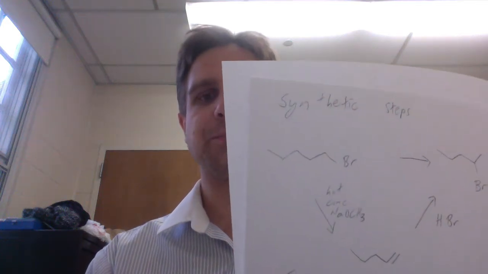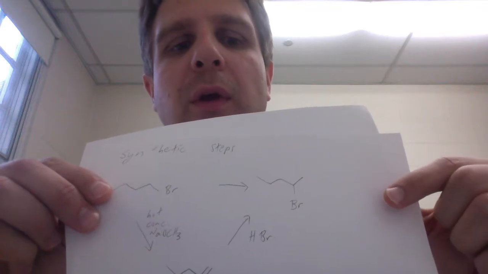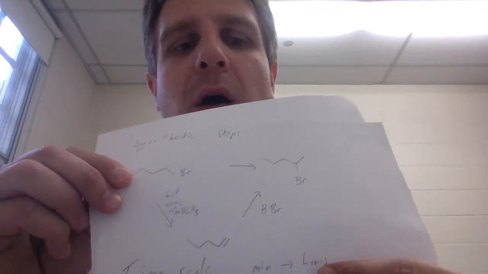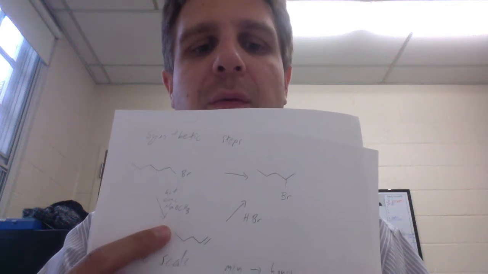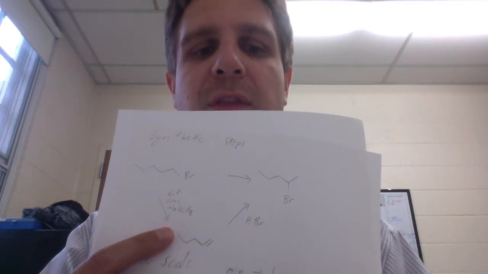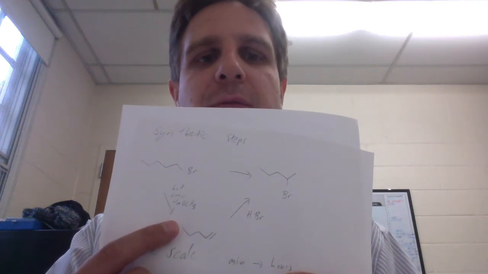Okay, so we might imagine a synthetic scheme where we start with the alkyl halide. Then we're going to add in hot sodium methoxide. We're going to actually add this into a reaction flask.